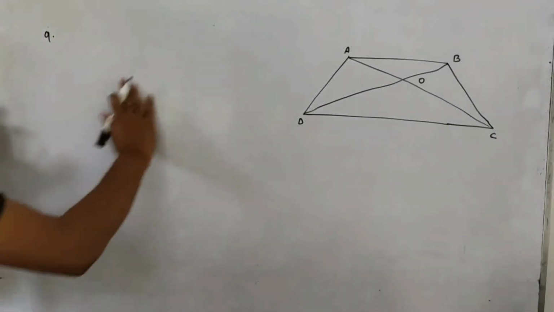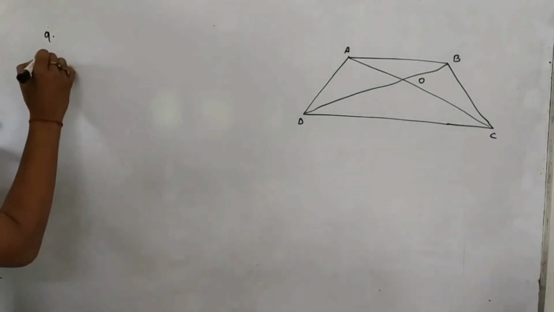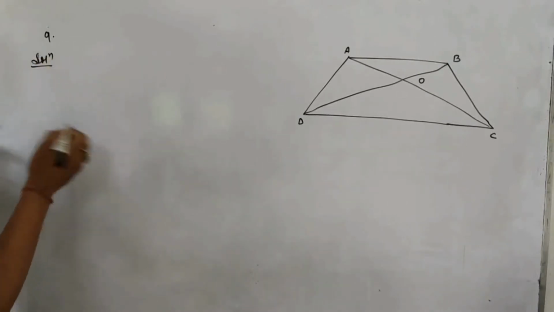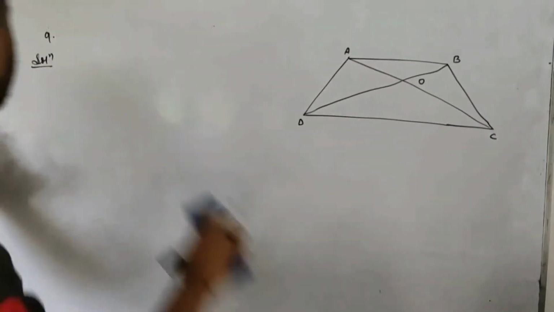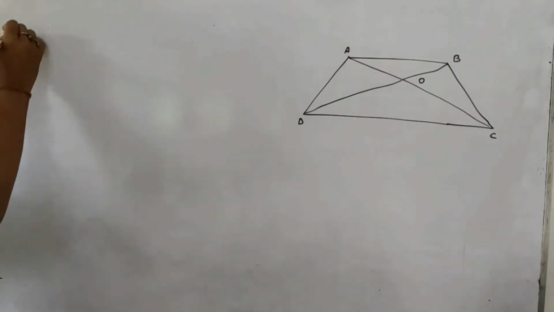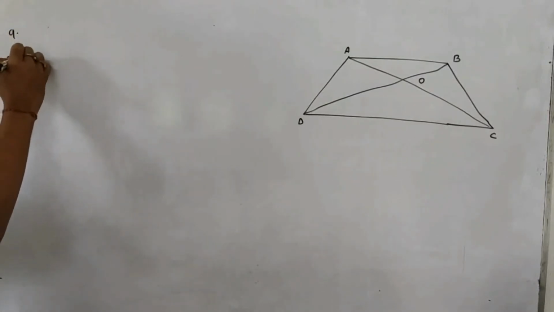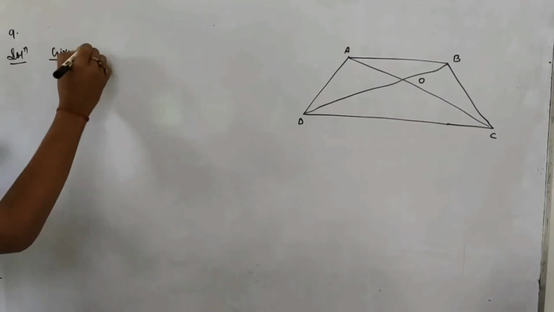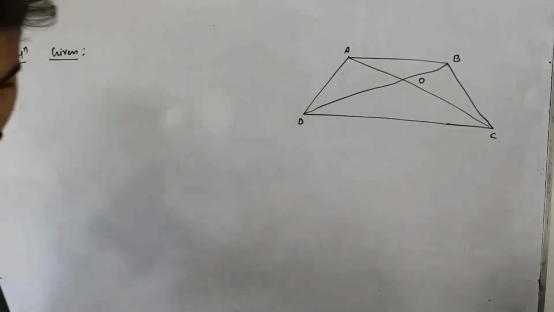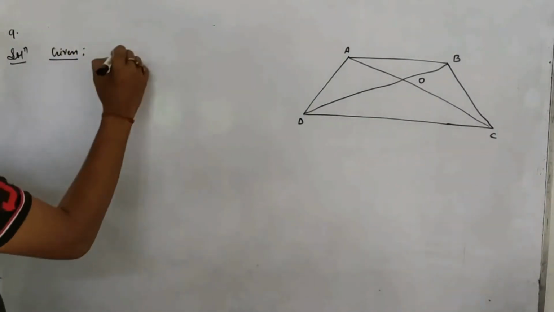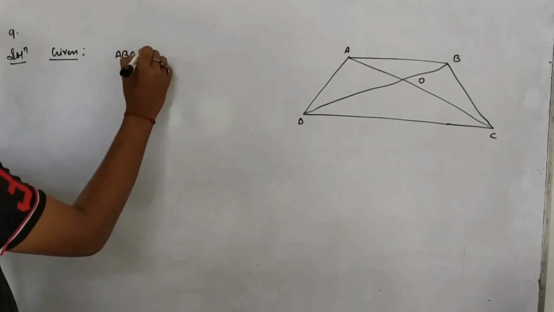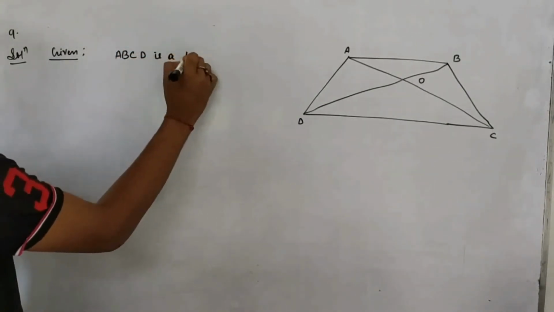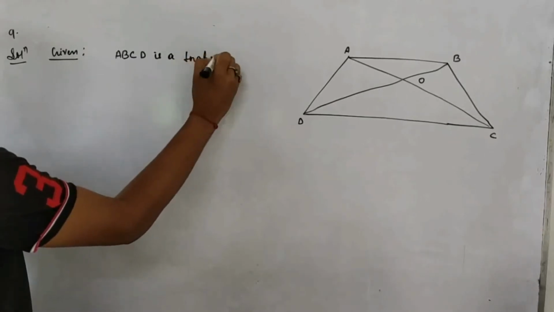So write the given portion now. Solution. Given. What is given at first? That ABCD is a trapezium.